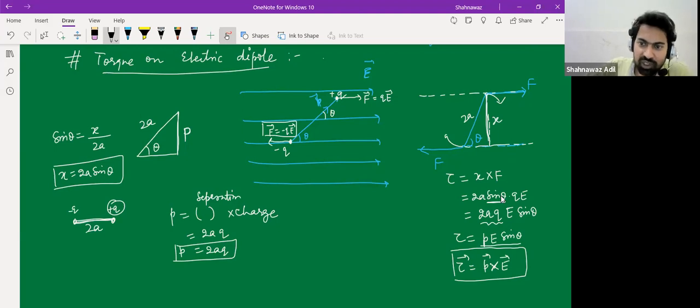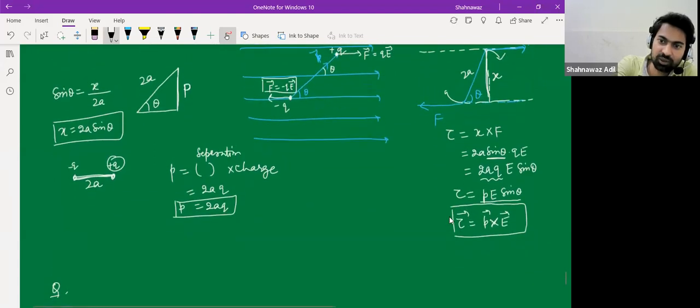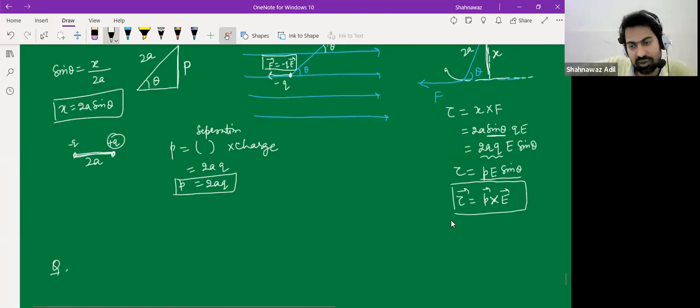In the cross product we get this sine theta, so that is why. And we also know that torque is a vector quantity, so again it shows that it should be a cross product.